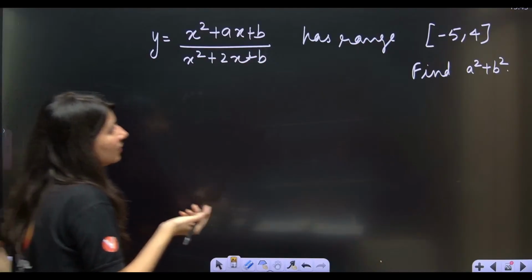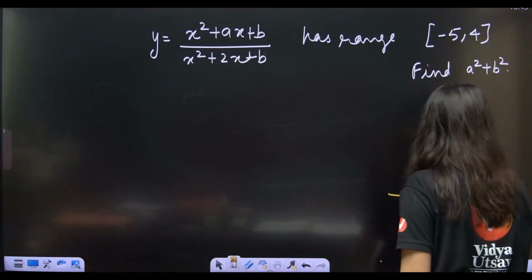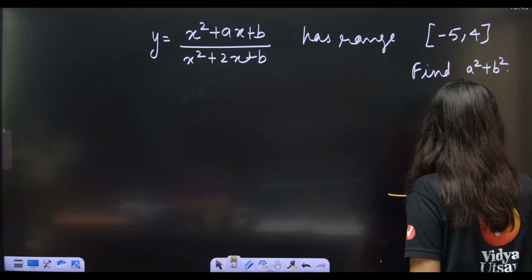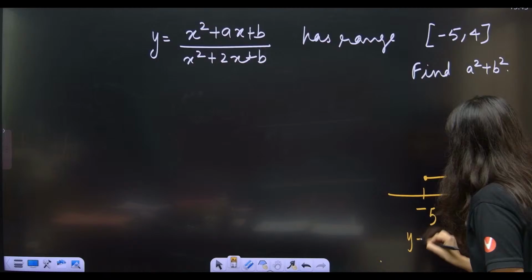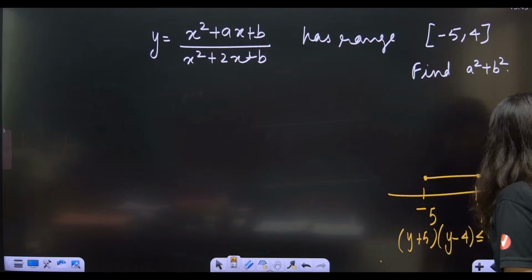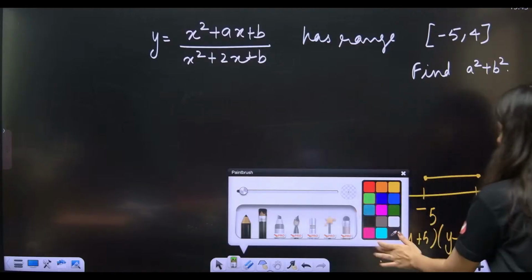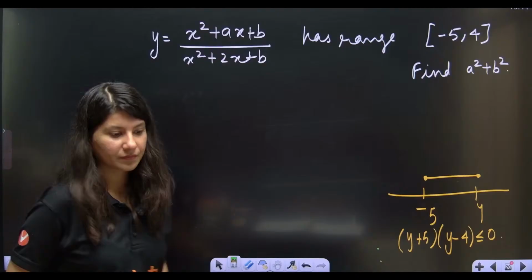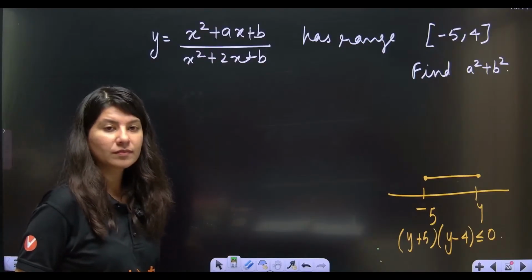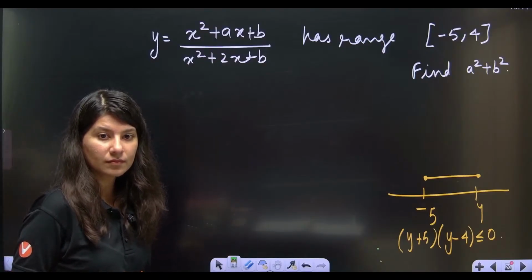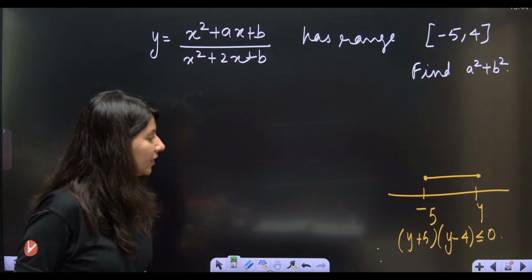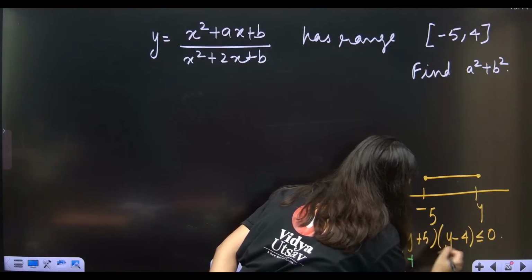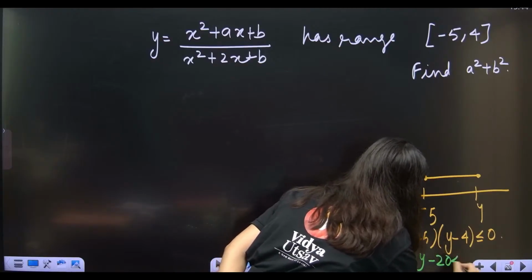So again, if you see minus 5 to 4, this was your original thing from here. So that means y plus 5, y minus 4 less than or equal to 0. So y square plus y minus 20 less than or equal to 0.